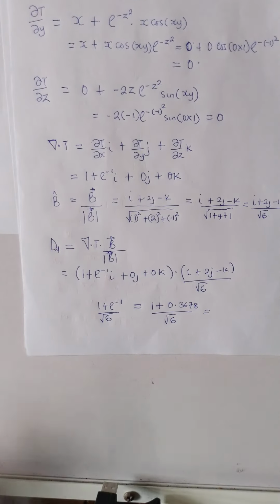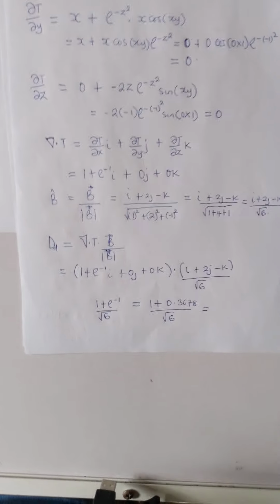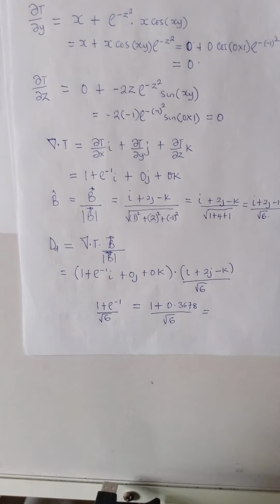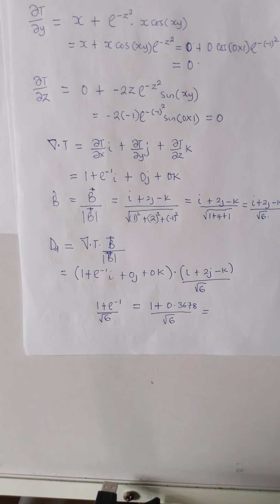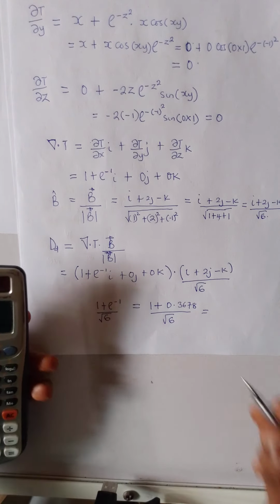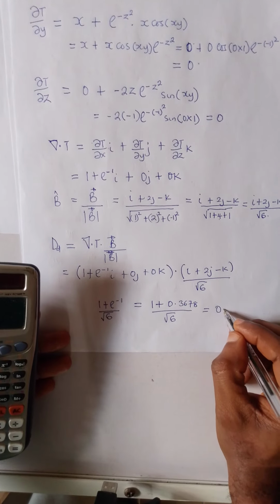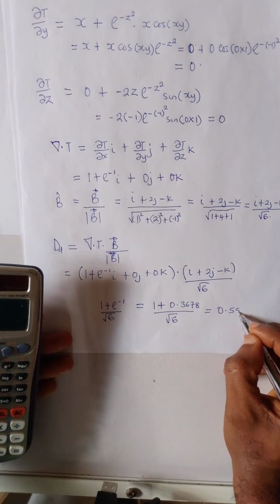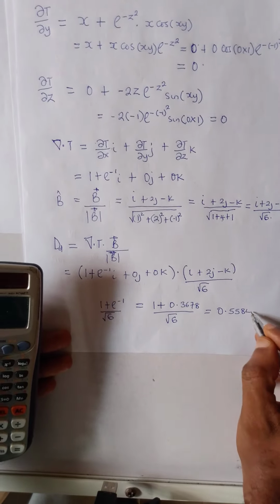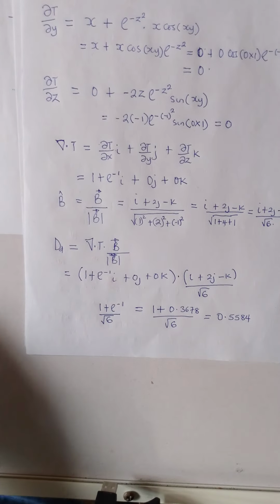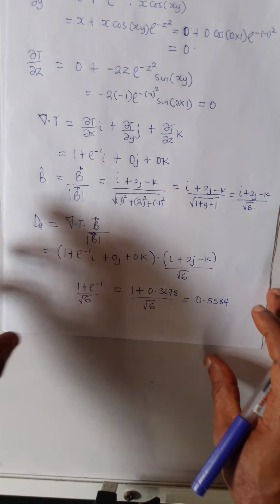So let's find the final answer. We have 1 plus 0.3678 divided by root 6, and that gives us 0.5584.